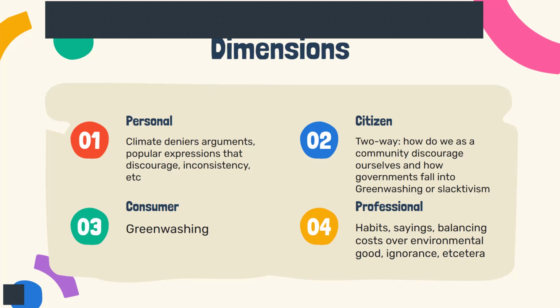So through these you can use these arguments and show where is the fallacy. But you can also use popular expressions. You can use memes, because in memes we also see expressions that discourage. Or you can use examples of inconsistency.